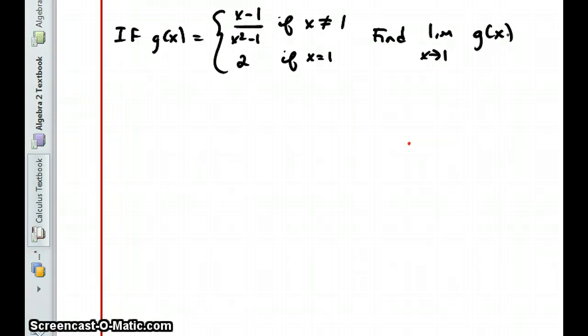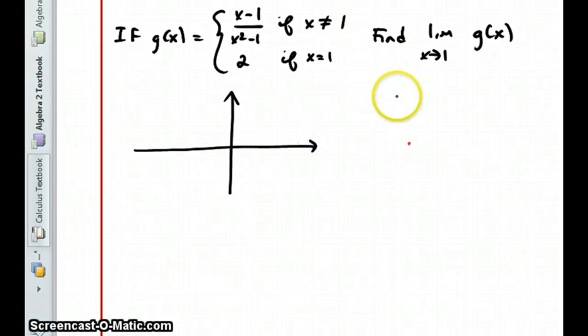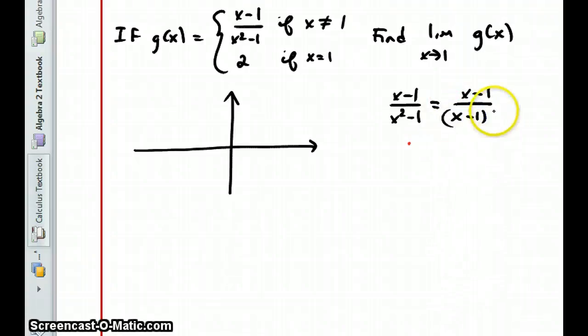Okay. First we're going to go ahead and graph the piecewise function. So let me go ahead and draw an xy axis. And if we look at the (x minus 1) over (x squared minus 1) part, the denominator will factor in the following way: (x minus 1) times (x plus 1).